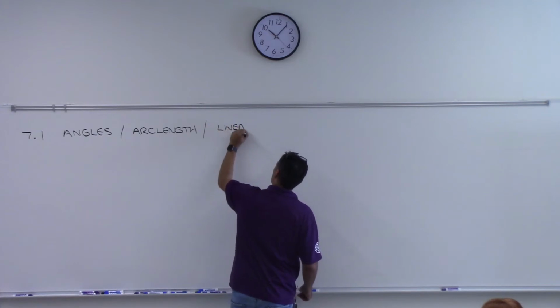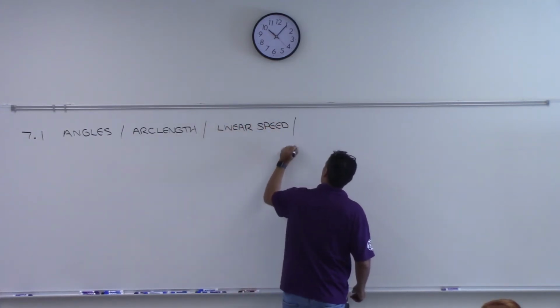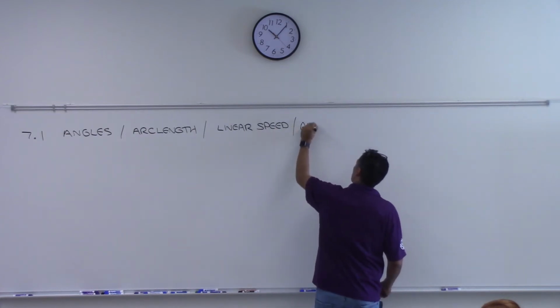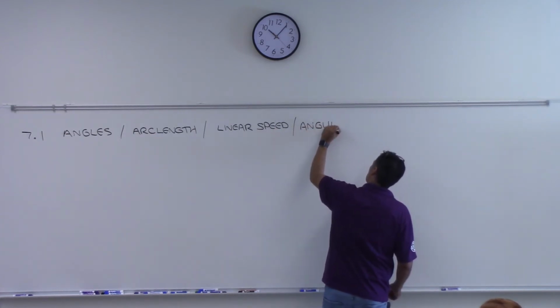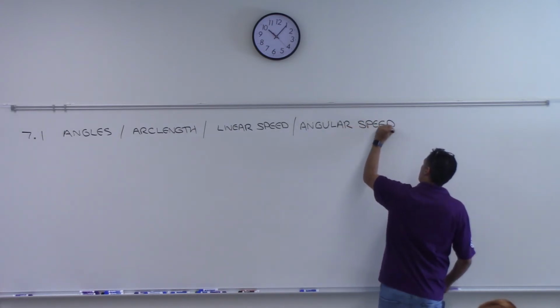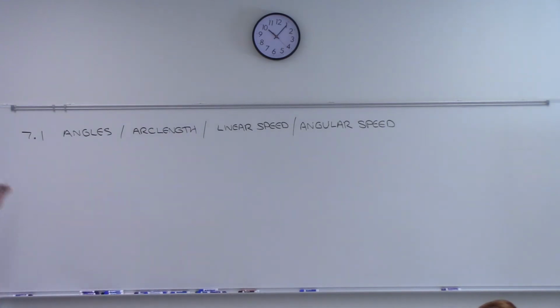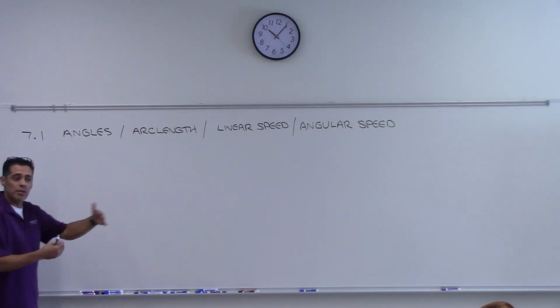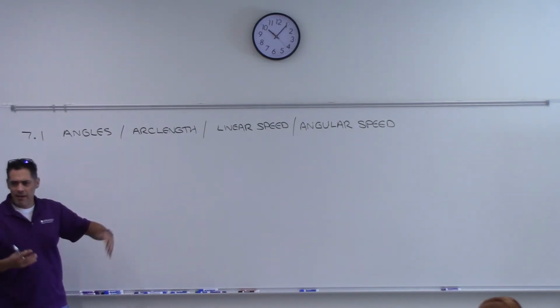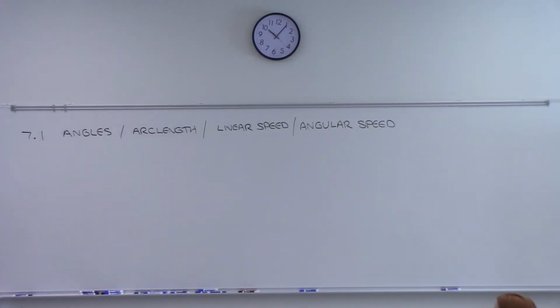Linear speed. Angular speed. The name of this section is actually just angles and their measure, but all of these are the main topics, the main ideas of the section. So if you're ever going back and reviewing your notes before a test and you wonder when we talked about linear speed, you'll know it was today.